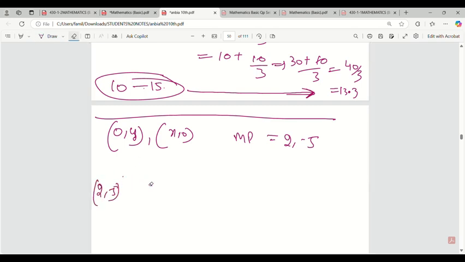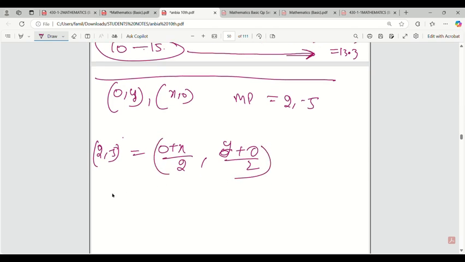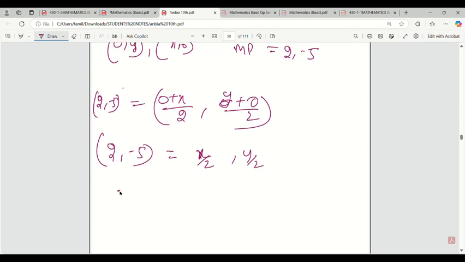So 0 plus x by 2 comma y plus 0 by 2 is equal to 2 comma minus 5.